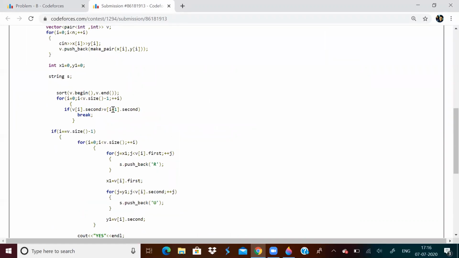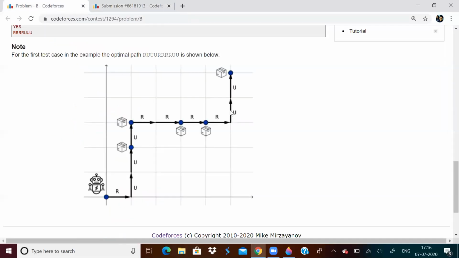How can I see whether the path is possible? After sorting all the points, you can see that in this example, all the points are sorted. And you can also observe that when all the points are sorted, suppose I consider this point, the y coordinate of this point is greater than the y coordinate of the previous point.